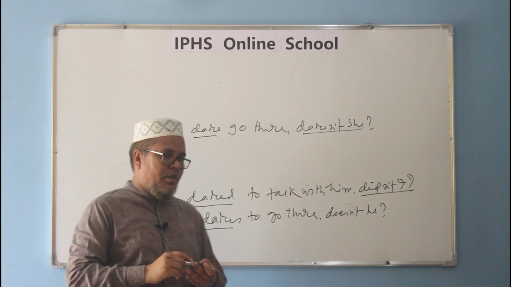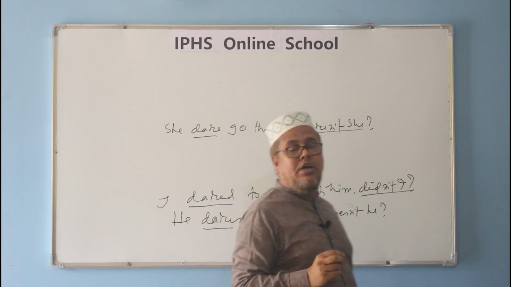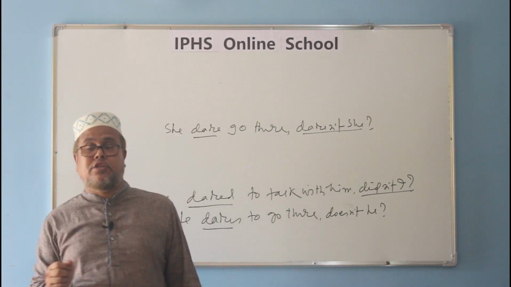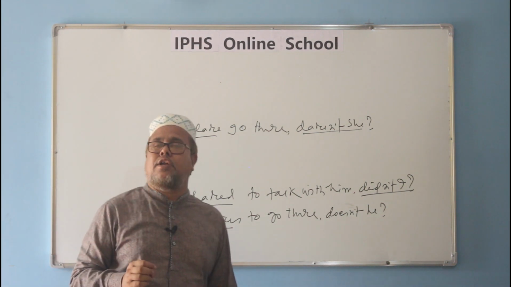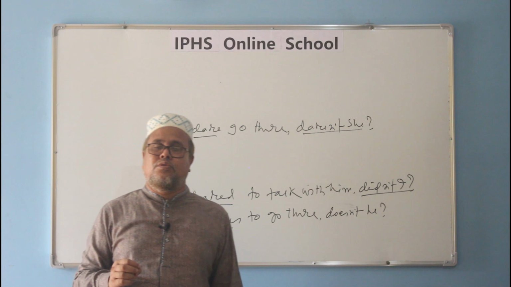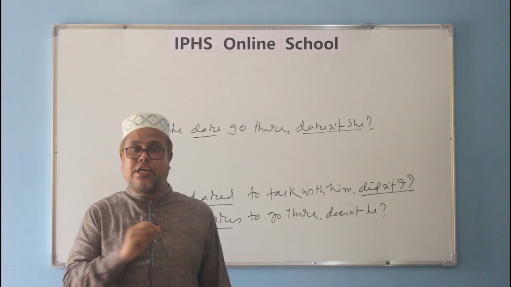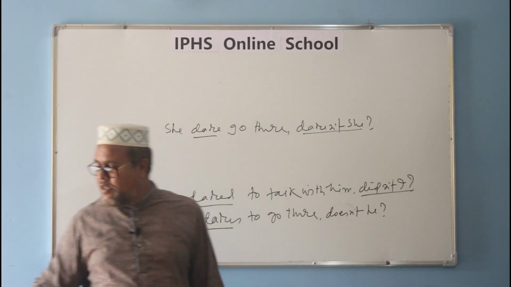Okay. I have discussed dare as modal verb and main verb. I am sure that, my dear students, all of you are clear about dare as a modal verb and as a main verb.